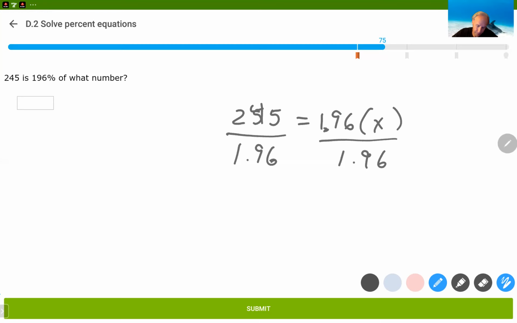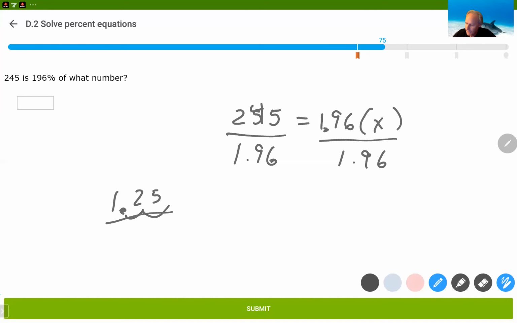There we go. 1.25. And I didn't divide by 1.96. I divided by 196. So it's 125. Sorry about that. Decimal places.